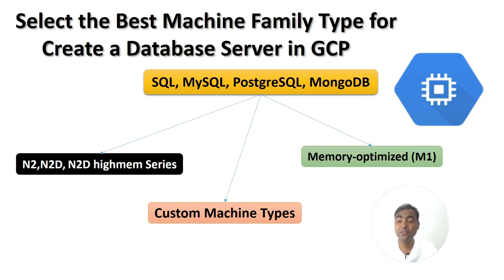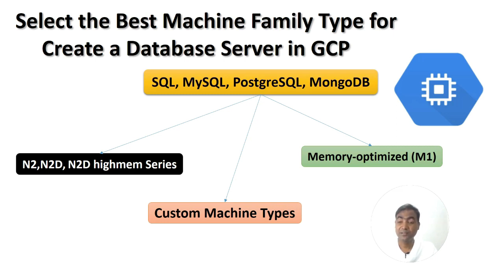If you are not sure which machine family type to choose, you can start with a general purpose machine in your project, because you can always upgrade to a more powerful machine type later if needed in your project or based on your data.